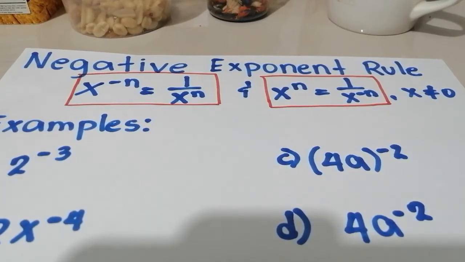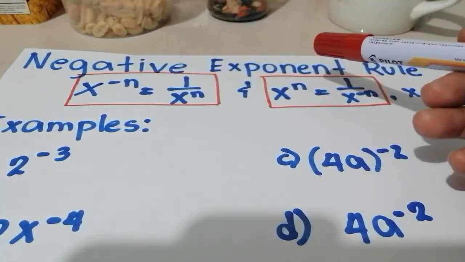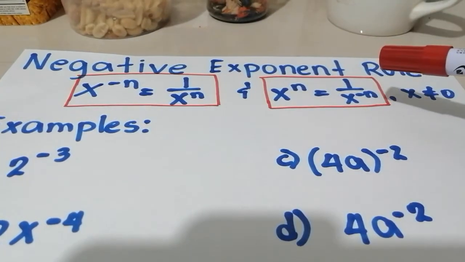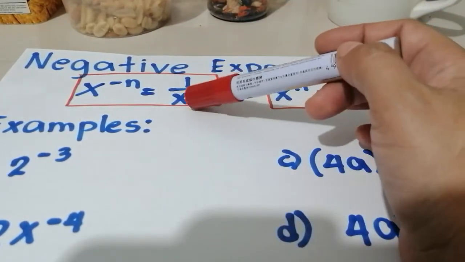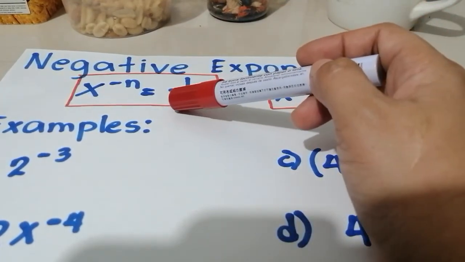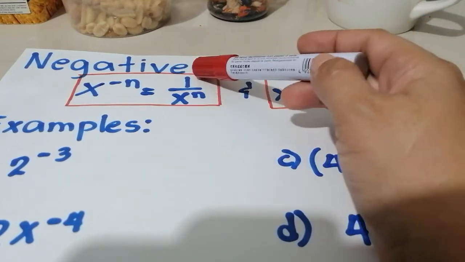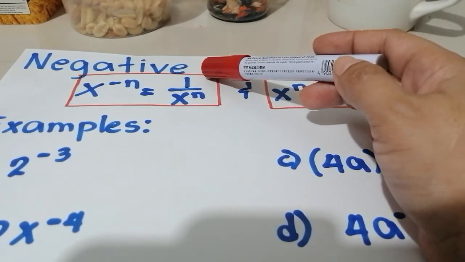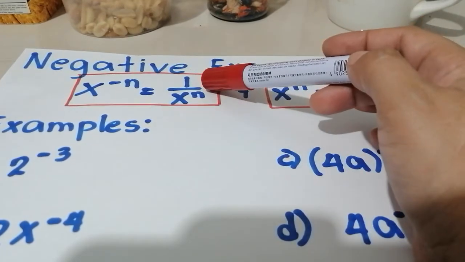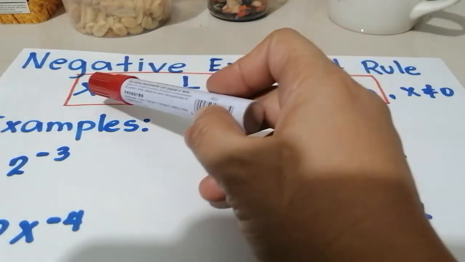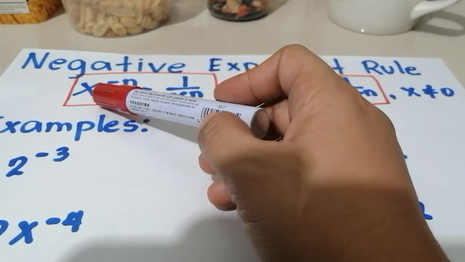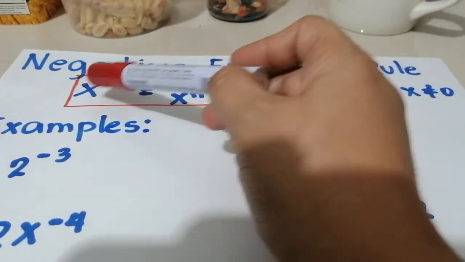So when x has a negative exponent, we can make the exponent positive by putting the x down with the 1 as the numerator. So 1 over x raised to the n power, if the x here is a whole number. Okay?